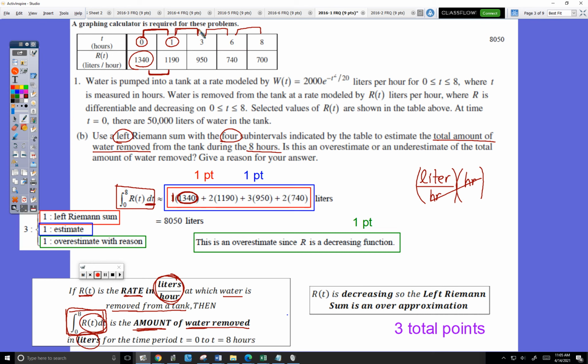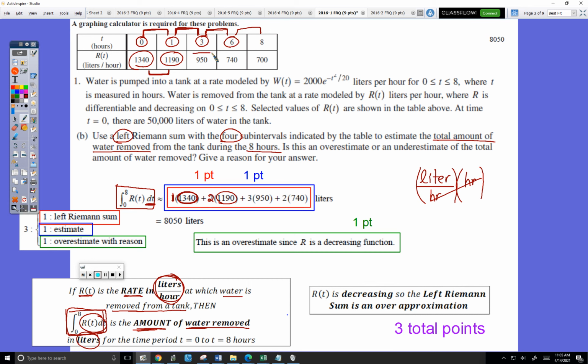We pick the value of R on the left, and now we assume that R has that value for an entire 2-hour period. That's why we're taking 1190 multiplied by 2 to approximate how much water is removed from the tank during those 2 hours. We continue that process for the next 3 hours, from hour 3 to hour 6.